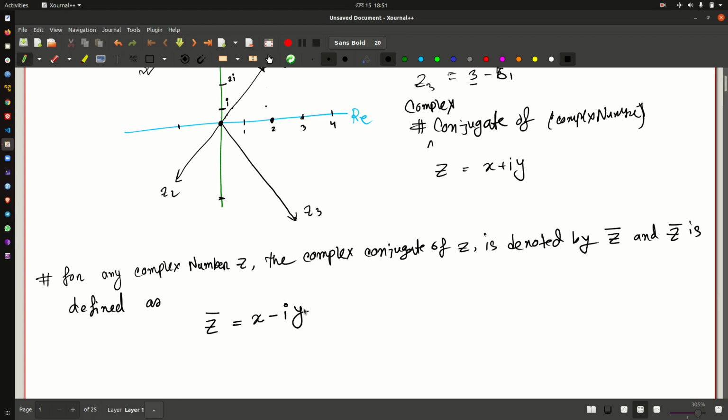So our z was x plus iy, and the z bar, the complex conjugate, is also another complex number, and this is defined as x minus iy.